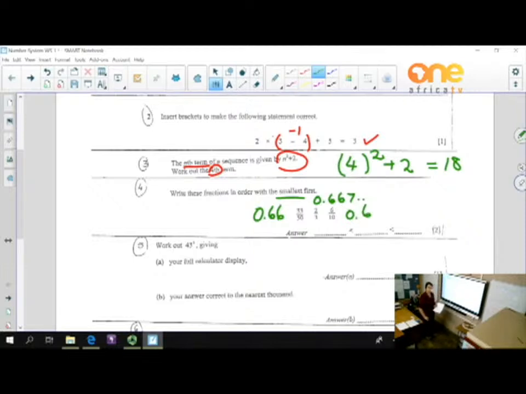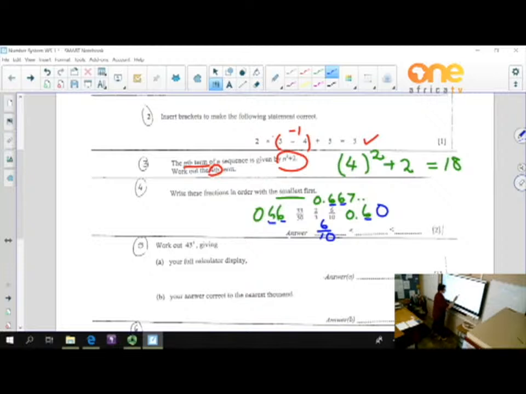When we compare them now, we look in the first place at the first decimal. So now we see all of them are 6. So that won't determine which one is the smallest. Now we look at the second one. There's another 6, there's another 6, but here is a 0. That's why 6 out of 10 is your smallest number.